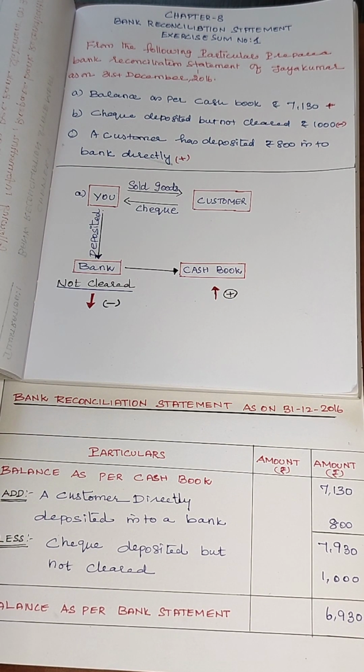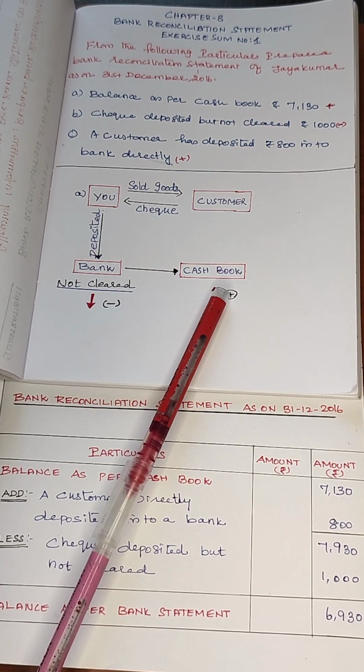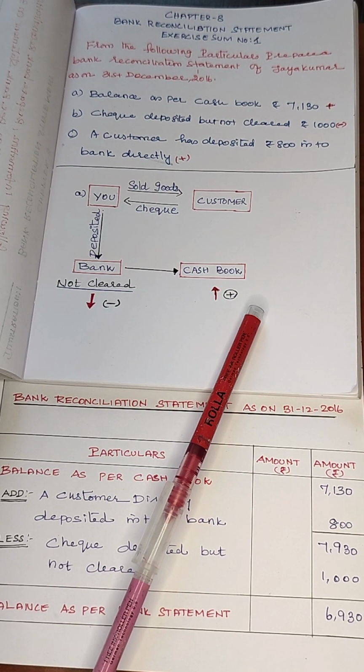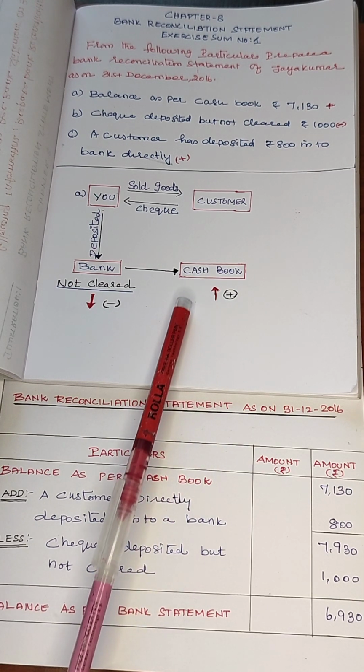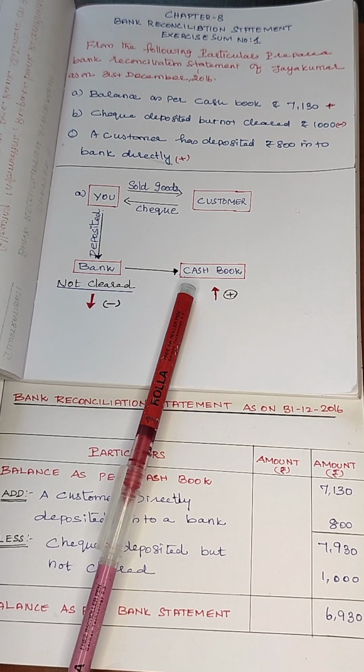Listen carefully, from the bank's point of view, whenever a bank account increases, it will be credited. So after depositing the check, you recorded in your cash book on the receipt side bank column 1,000 rupees, which means after depositing the check into the bank, immediately your cash book increased. 1,000 rupees increased in your cash book, okay.